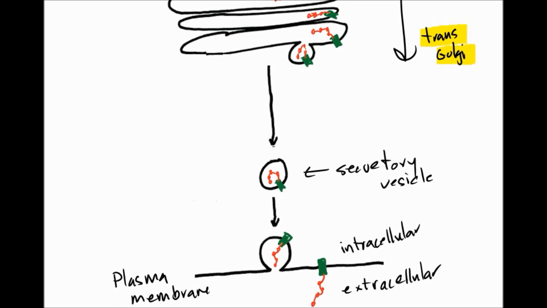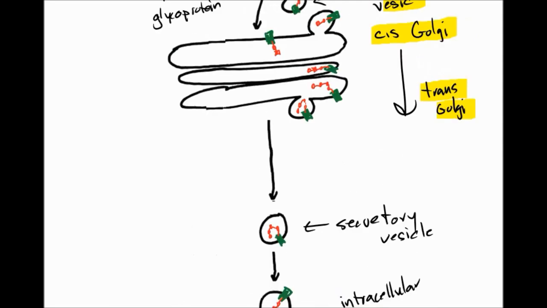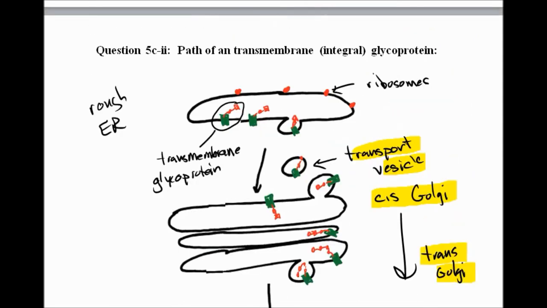So, in review, the protein was produced on ribosomes bound to the ER. There was one or more hydrophobic stretches in the protein, so it got stuck in the ER membrane. The enzymes within the ER lumen added carbohydrates to that protein, and the protein was packaged into a transport vesicle.